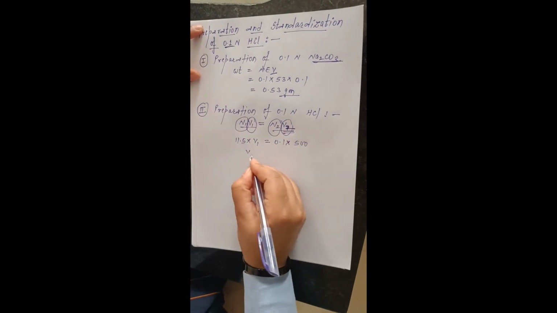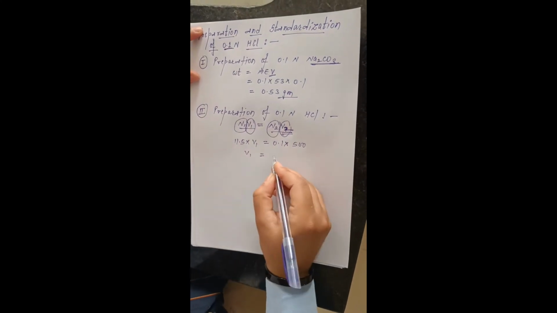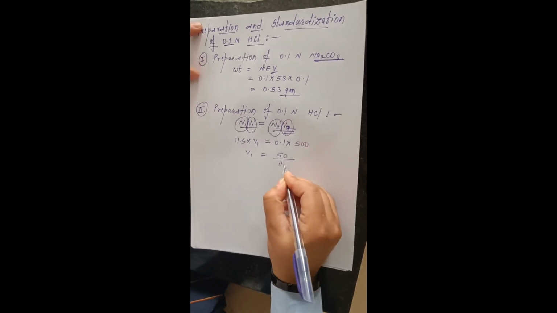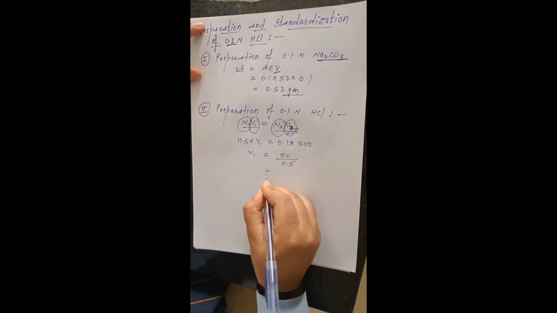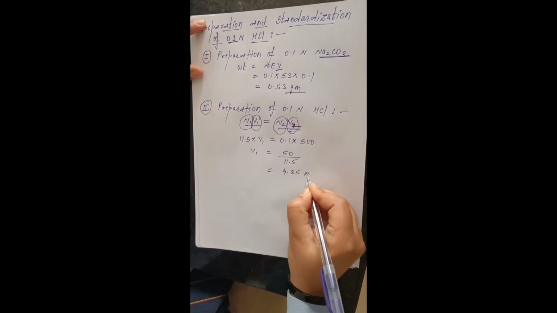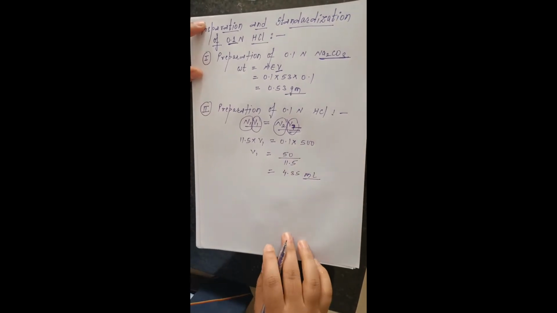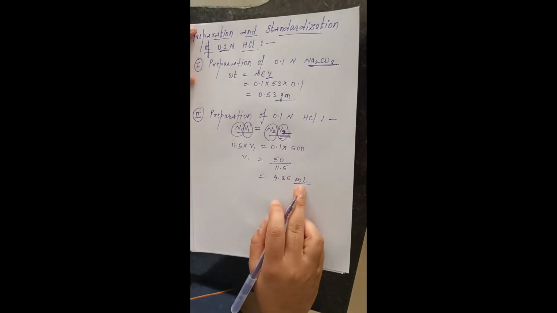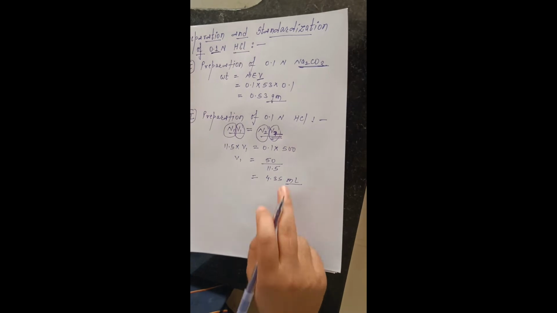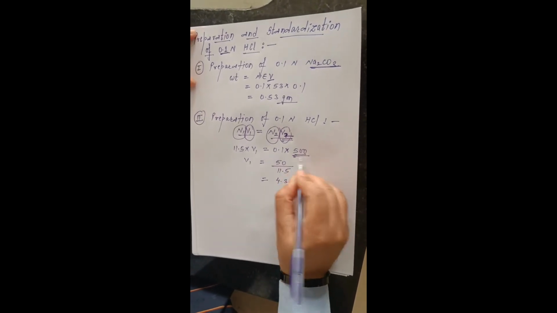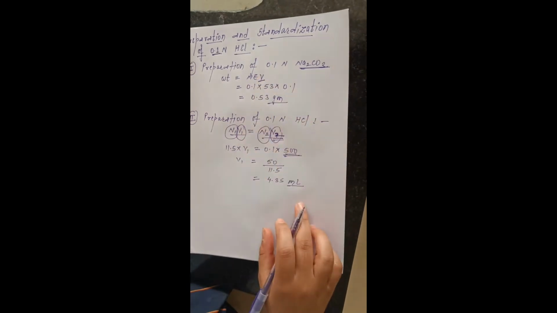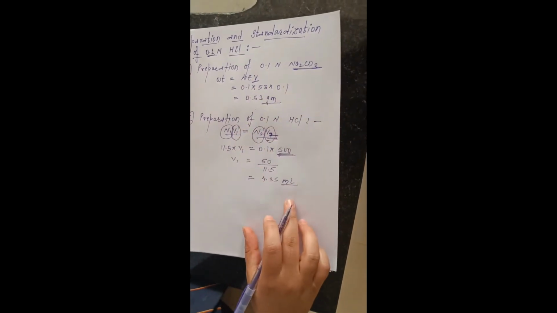So it will be 50 divided by 11.5, which is 4.35 ml. So we will take 4.35 ml of HCl and mix it in 500 ml of water. This way we can prepare the reagent we are using in this titration.